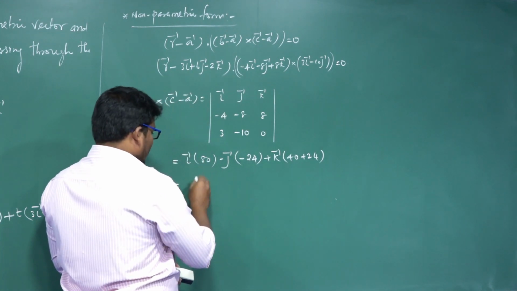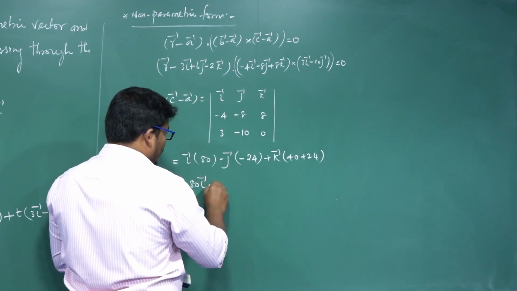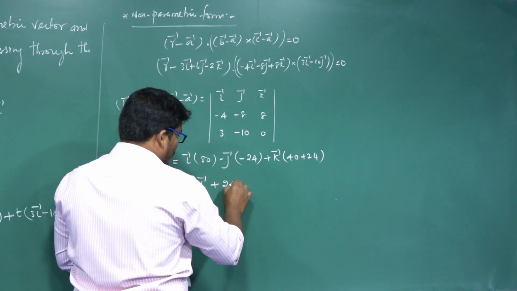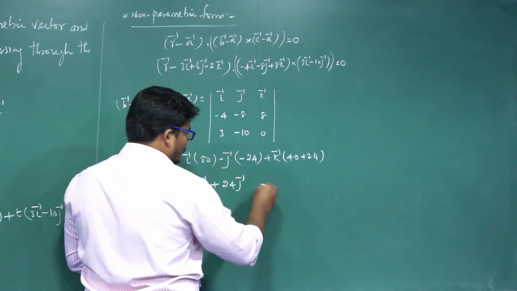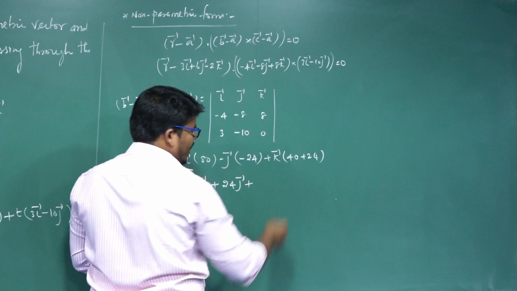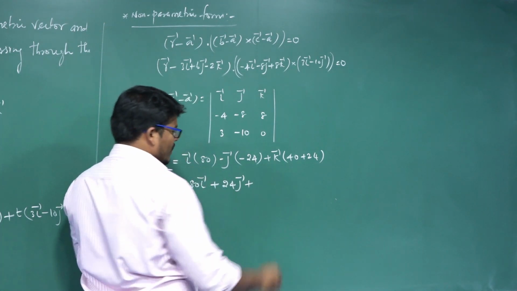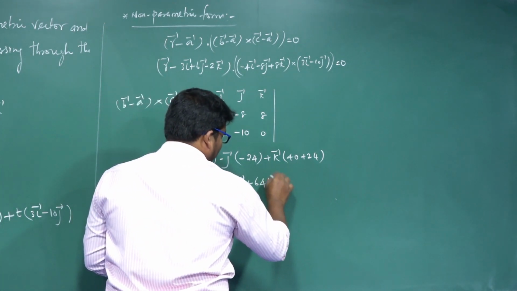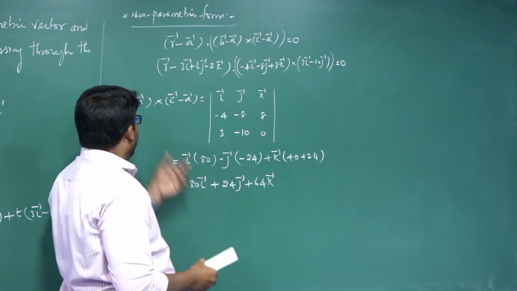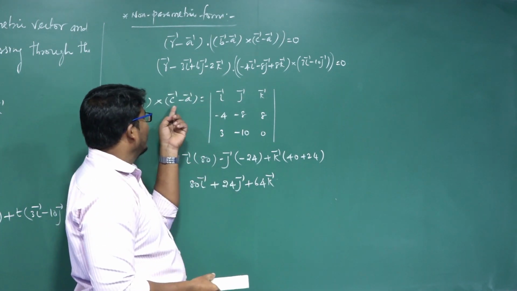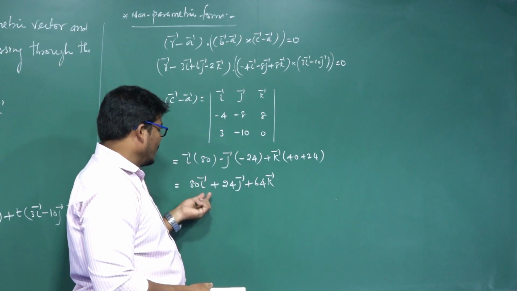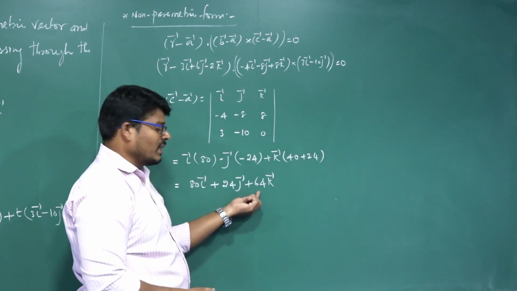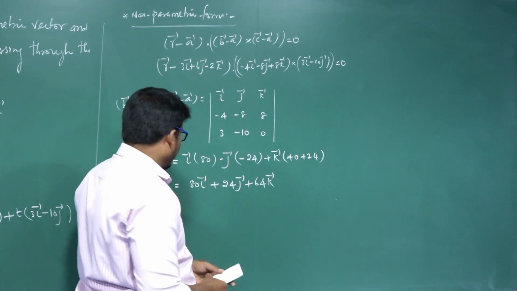This equals 80 i vector minus of minus 24, plus 24 j vector, plus 40 plus 24, 64 k vector. That is, (b vector minus a vector) cross (c vector minus a vector) equals 80 i vector plus 24 j vector plus 64 k vector.